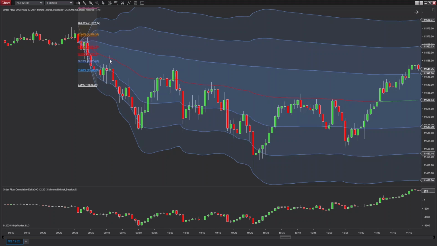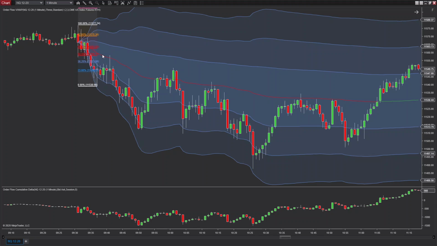So where would your stop be? In this case, if you're looking to trade that, you're going to want to have a stop somewhere above the swing high of this entry. Once this candle closes, it closed right here, the next candle opened here, you're already away from the VWAP line. So this would be your higher risk entry, getting in on this candle around VWAP and then putting a stop above the VWAP.